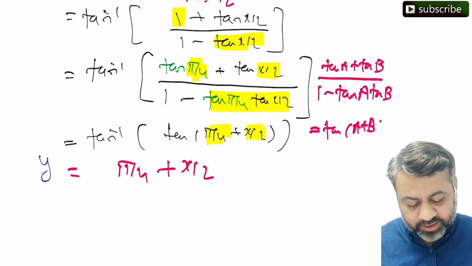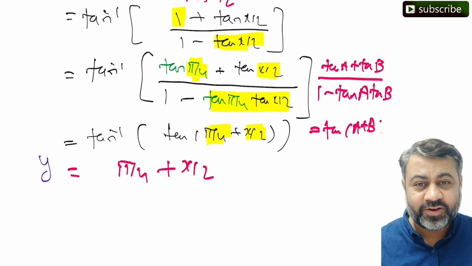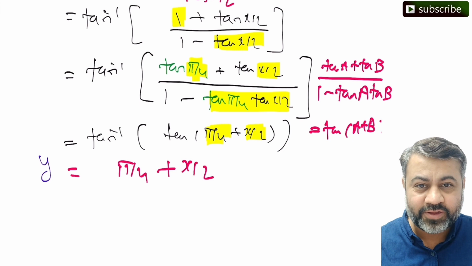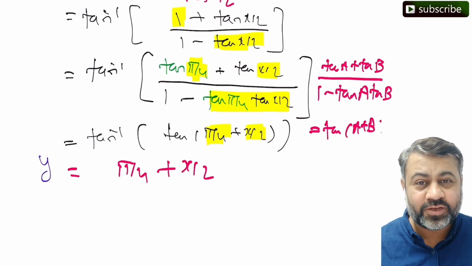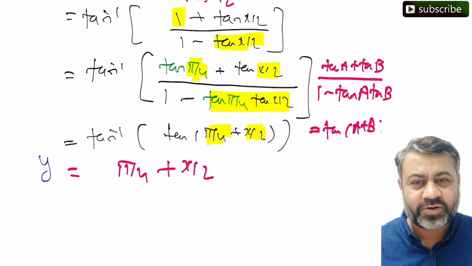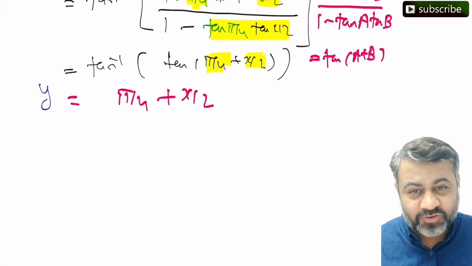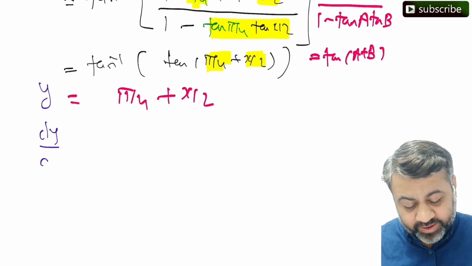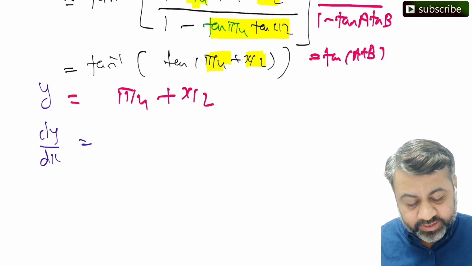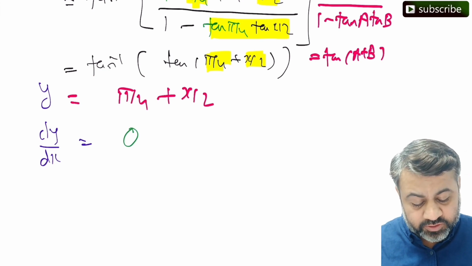Now this entire thing is simplification. What we have done till now, we have not done any differentiation. We just have simplified using trigonometry and inverse trigonometry concepts. Let's differentiate this. So what is the derivative of y? We can write it as dy by dx. Derivative of pi by 4 is going to be 0.